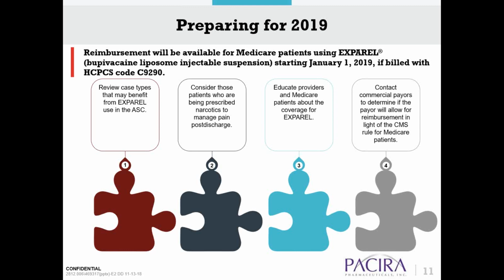If they're going to retroactive back to January 1, which is not typically common, but some may, that will be important, especially those with Medicare Advantage plans as well. So Medicare Advantage plans typically will follow suit right away, and so that will be important for you to check if you've got commercial payers that are also administering and managing Medicare Advantage plans.